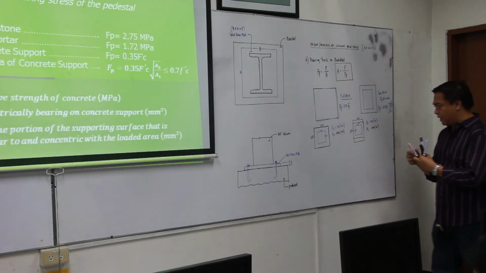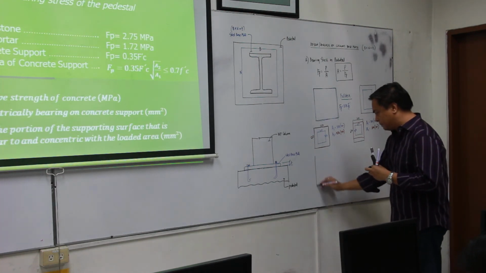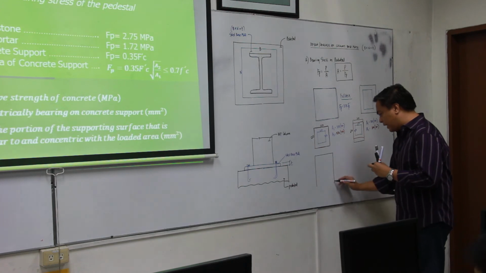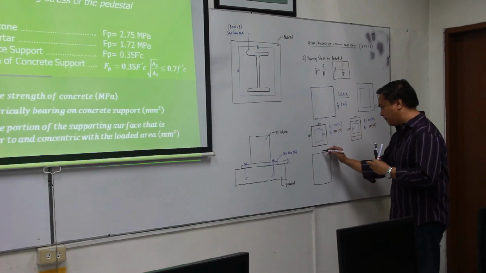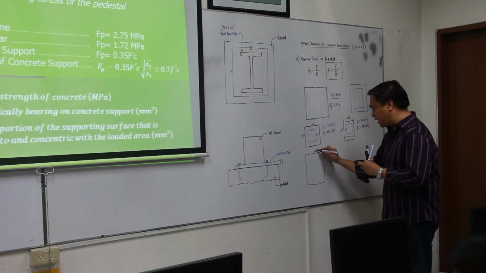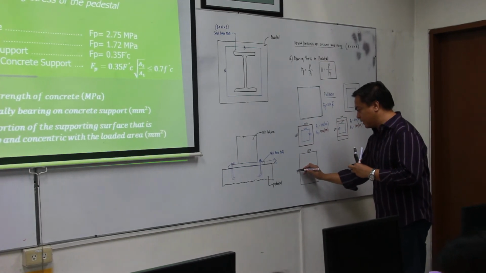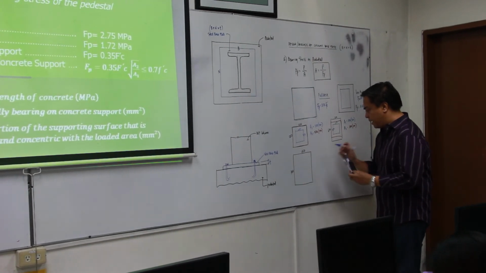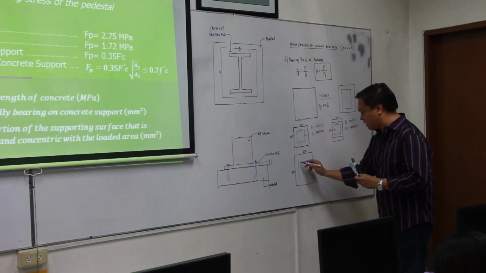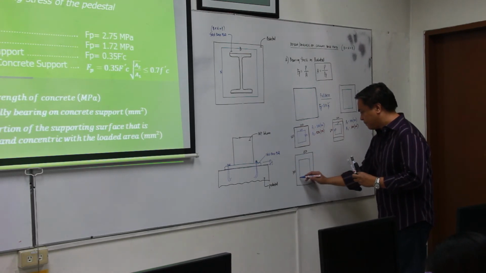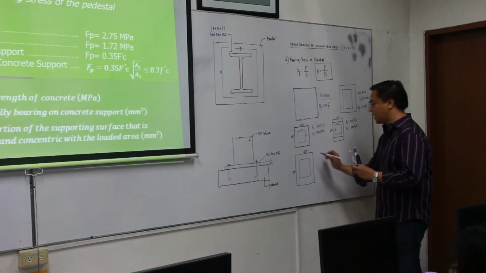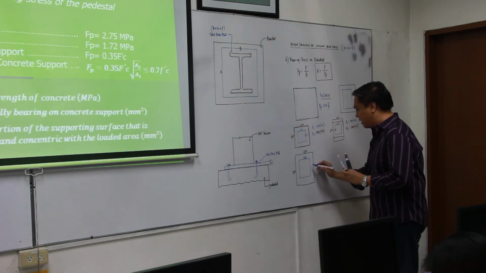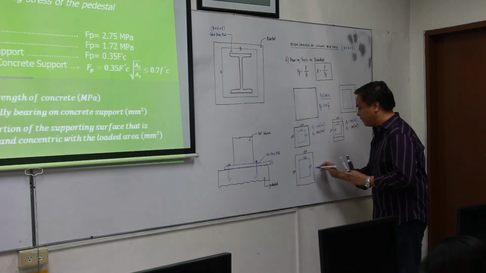Okay? Now, what about if I have this case? Let's say I have a rectangular section, say 450 by 700. Then my base plate is a rectangle also. Let's say 300 by, say, 550.